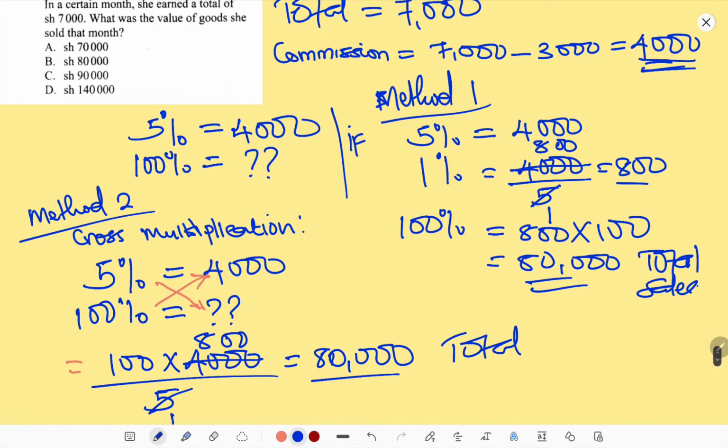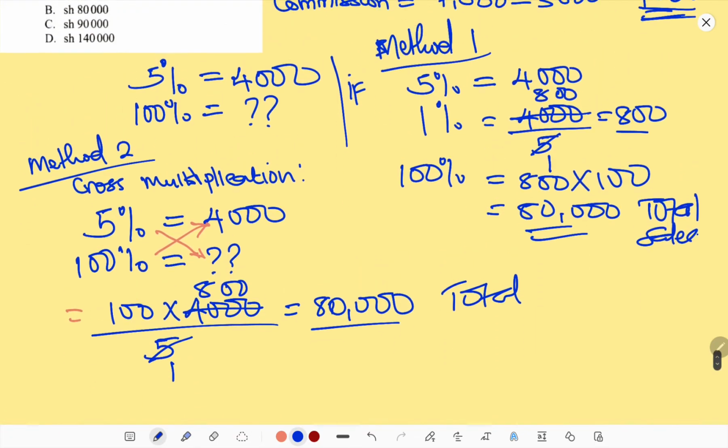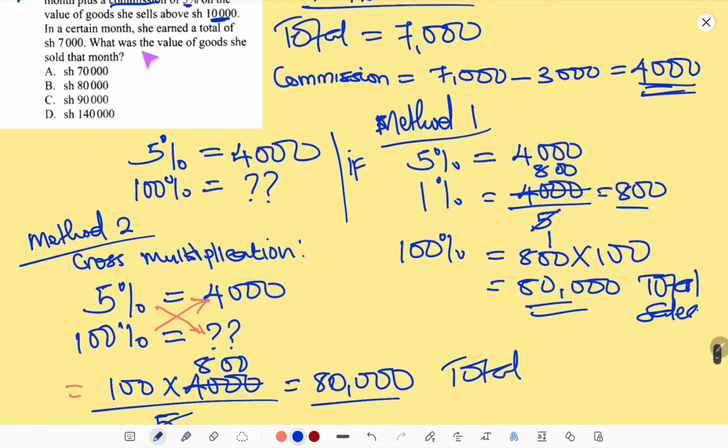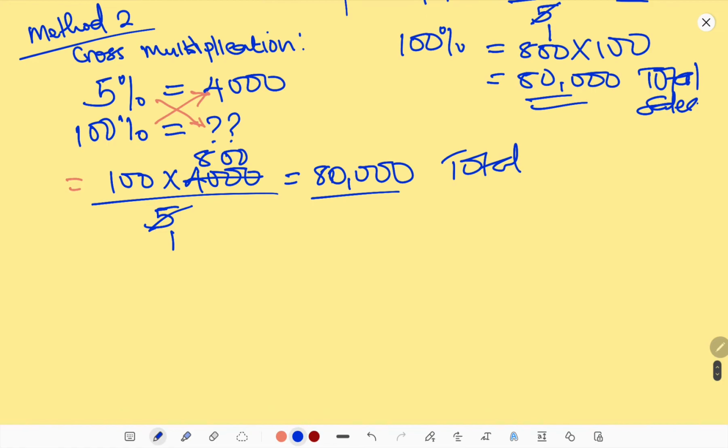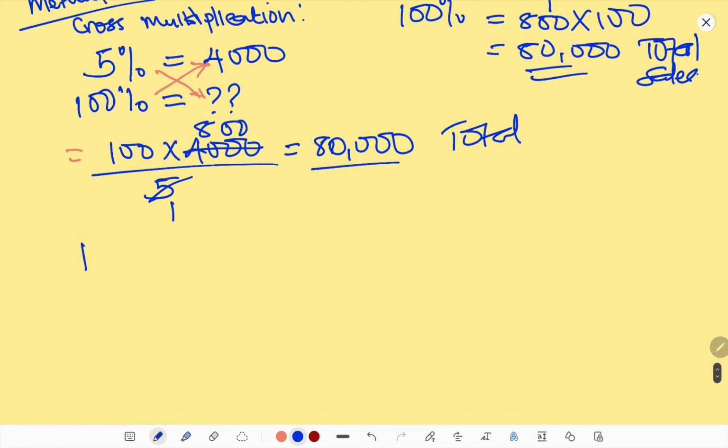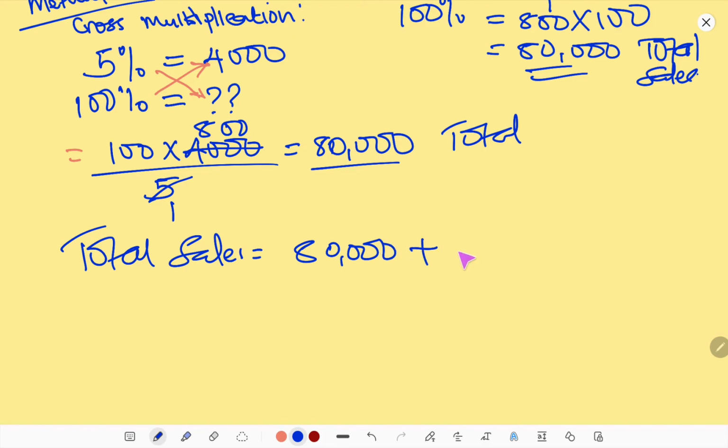So if she got 5% of 80,000, and the question is the total value of goods sold for that month, that means the total sales for the month will be 80,000, and then we have to add the 10,000 because she is getting a commission for sales above 10,000.